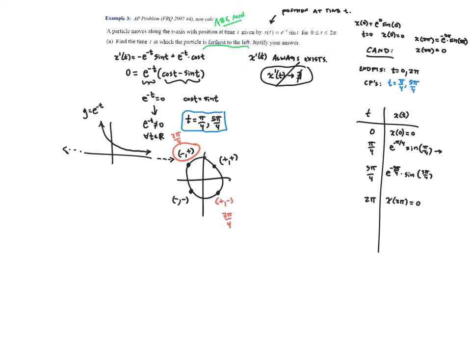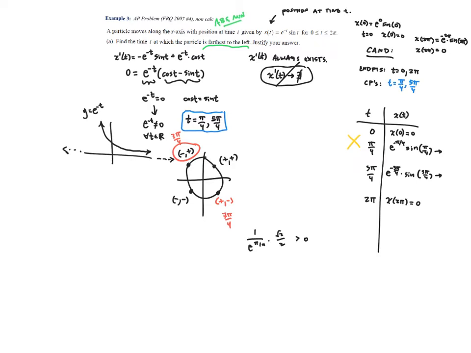I have to find out if my values here are greater than or less than 0. So e to the negative pi over 4 is the same as 1 over e to the pi over 4. So that's a positive value. Sine of pi over 4 is root 2 over 2. So I know that this is greater than 0. That cannot be our minimum value.